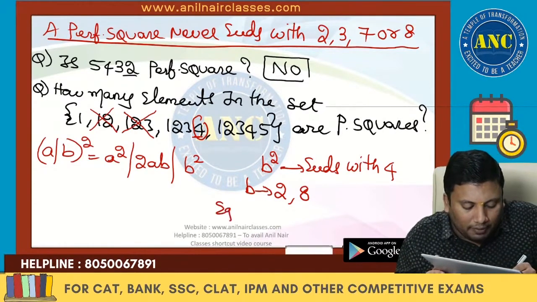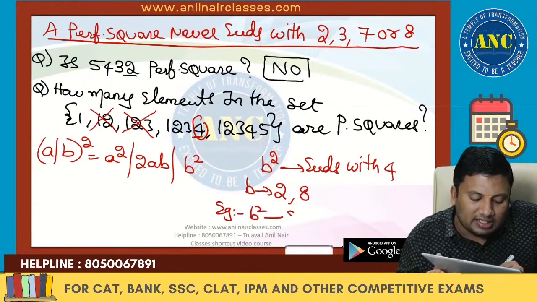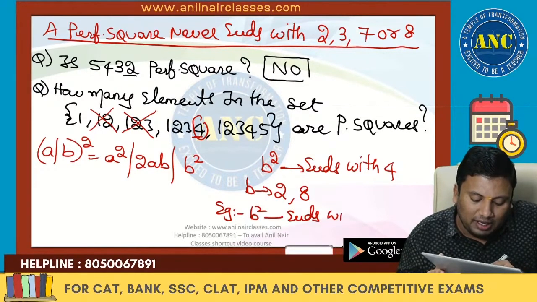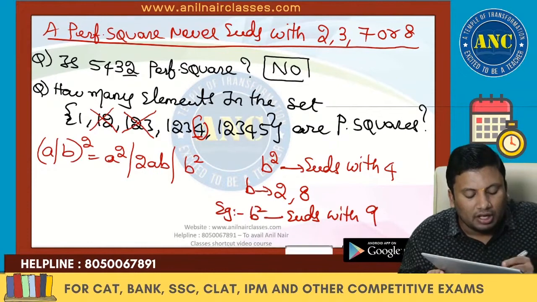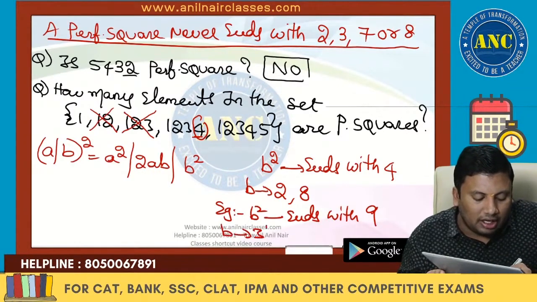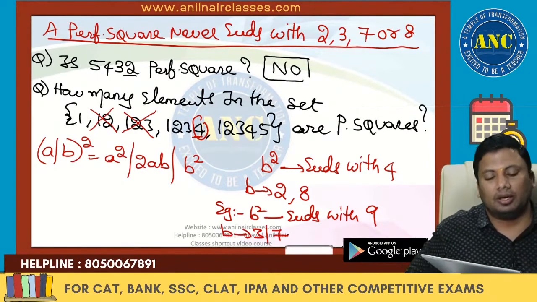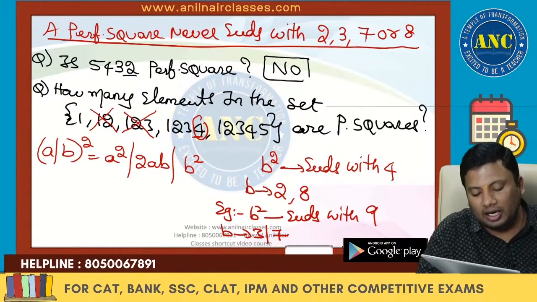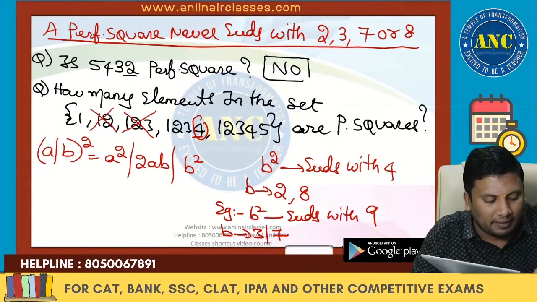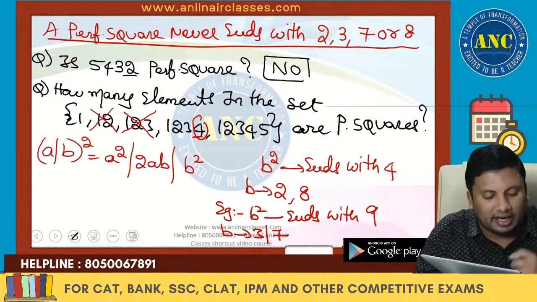For example, if b square ends with 9, b can be either 3 or 10 minus 3, which is 7. 3 square is 9 or 7 square is 49. I hope the idea is clear.